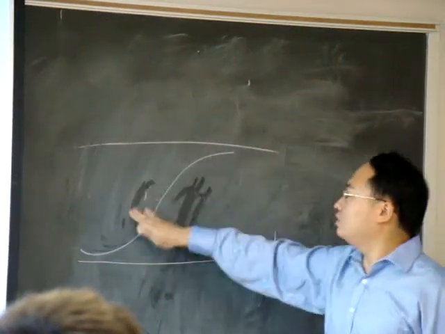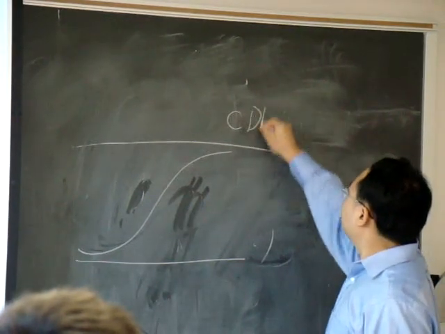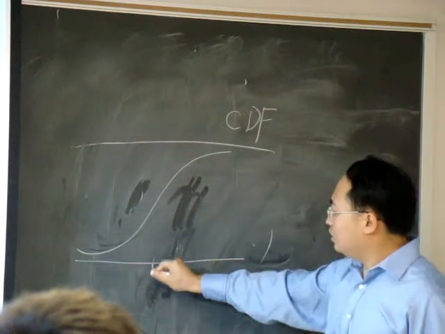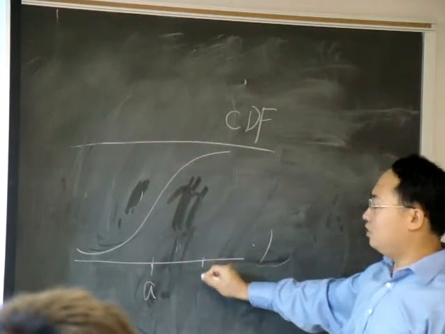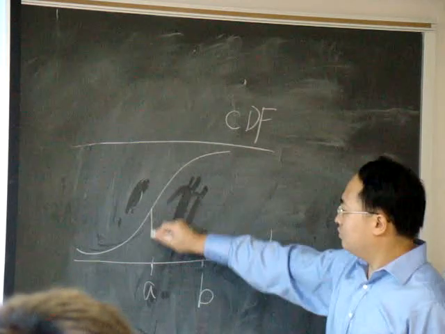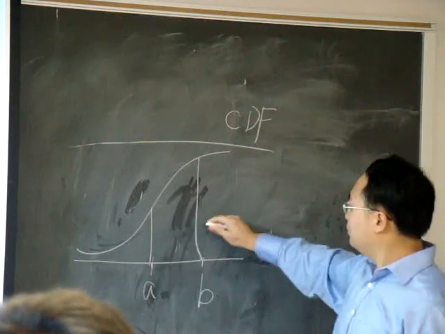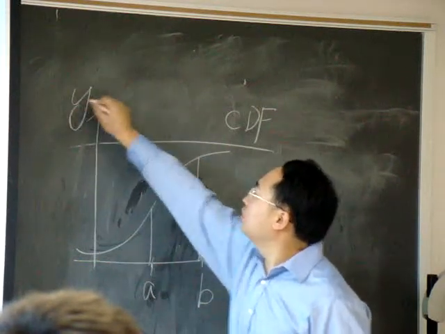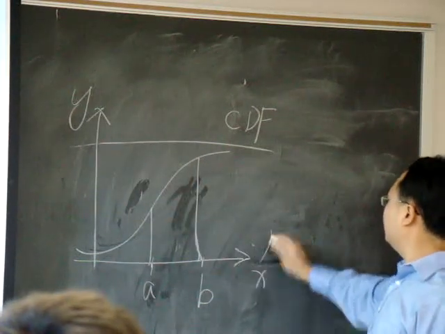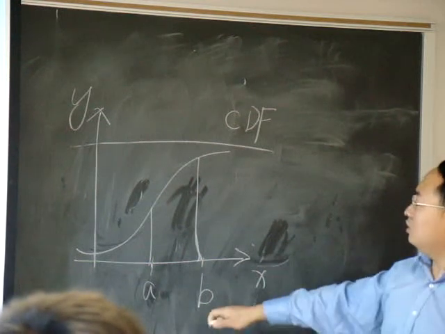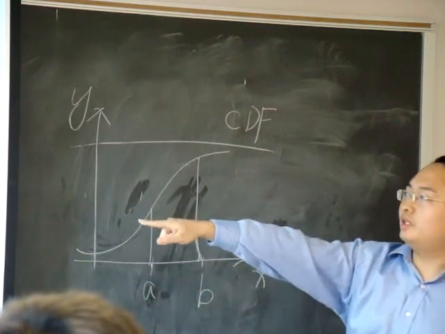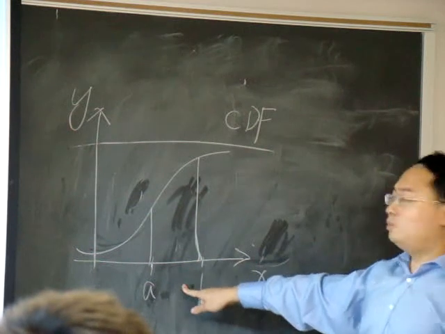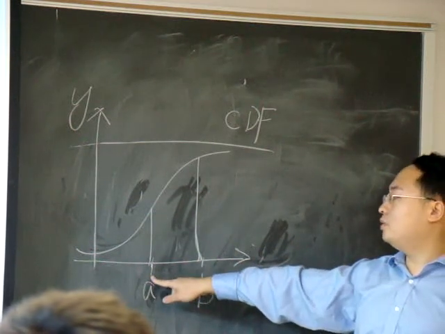So this is the CDF. This is point A. This is point B. This is Y. This is X. Okay? So I'm replicating this graph. What's the probability that you will get a number between A and B?